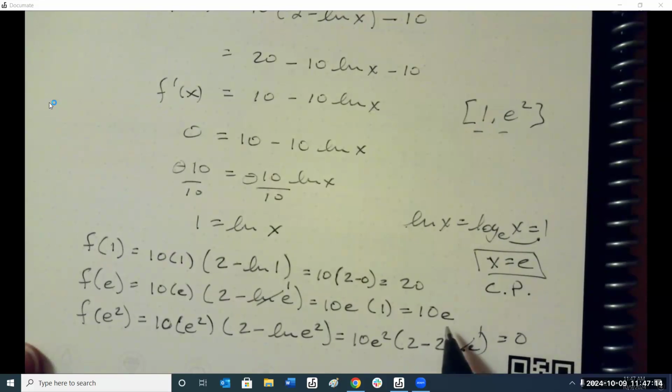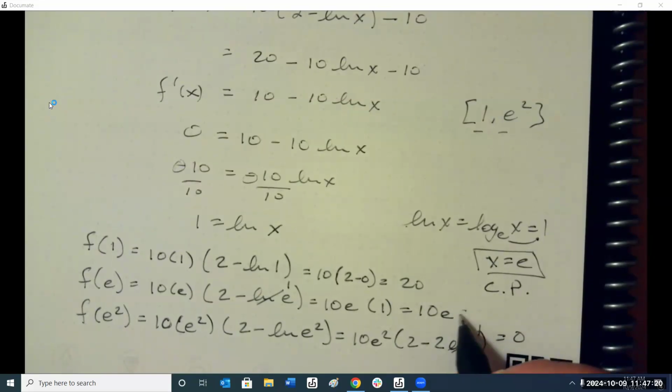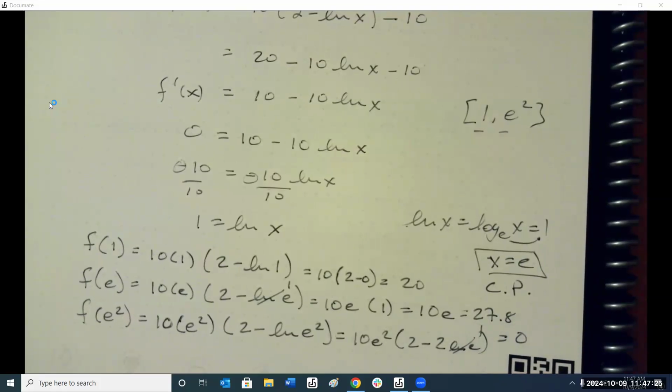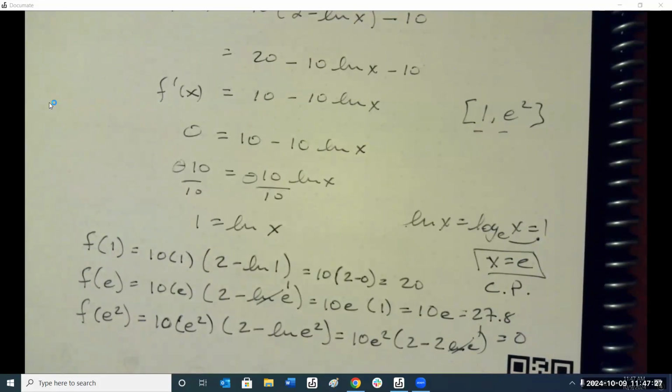So e is a constant, 2.7. So this is 27.8 or 27.1, something like that, 27.1, I think.